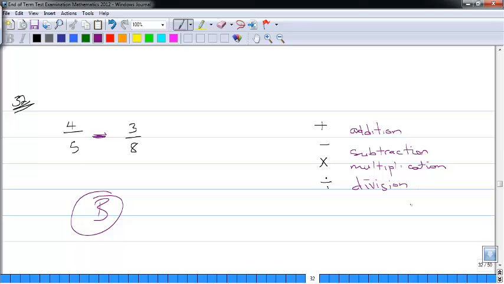We use share, divide, into, those are associated with the division sign. So this question is simply asking you to identify what is the operation that would show difference, and the sign for subtraction is a minus sign here. Answer B.